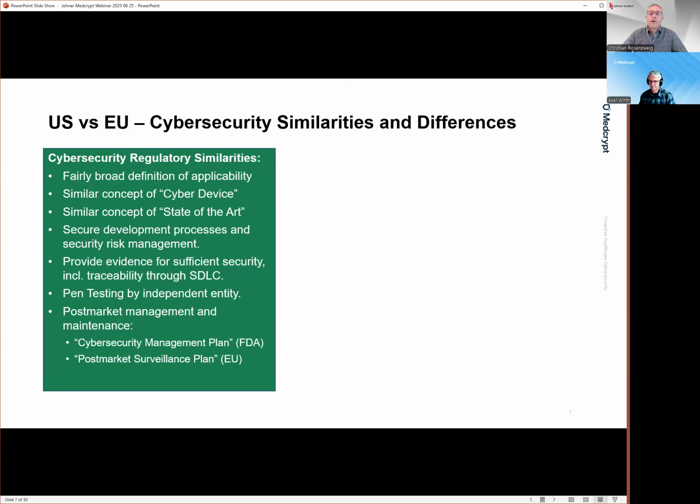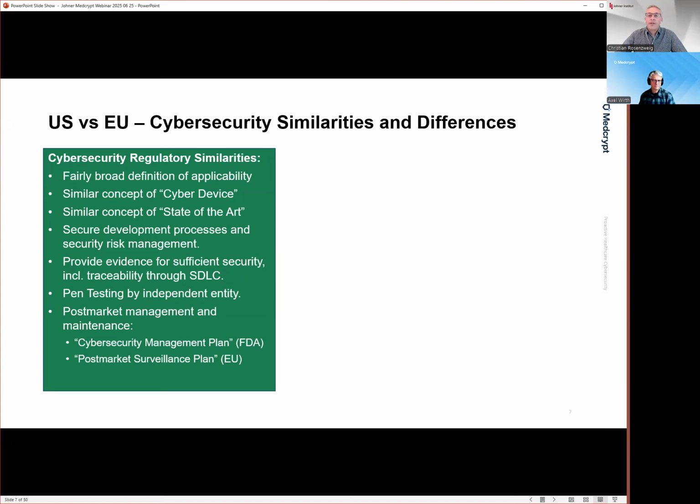Both require a total product lifecycle process for security and also security risk management. Both require compliance documentation with comprehensive traceability through the security development lifecycle. And both require a penetration test for the final product by an independent entity.